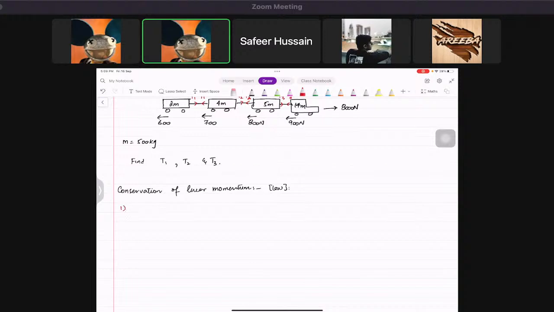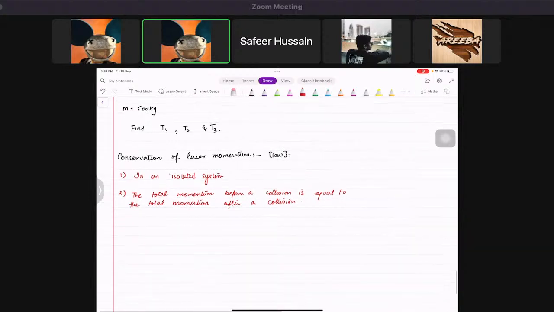In the first sentence, you will always write in an isolated system. For the second point, you're going to write the total momentum before a collision is equal to the total momentum after a collision.